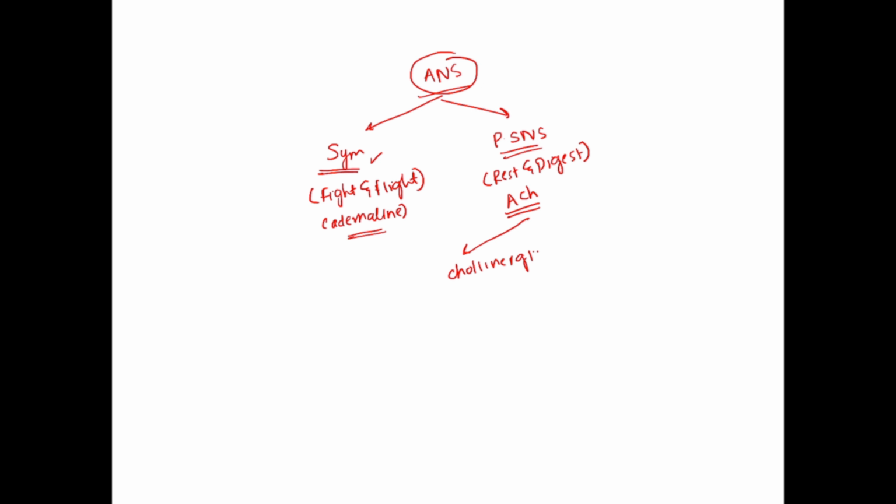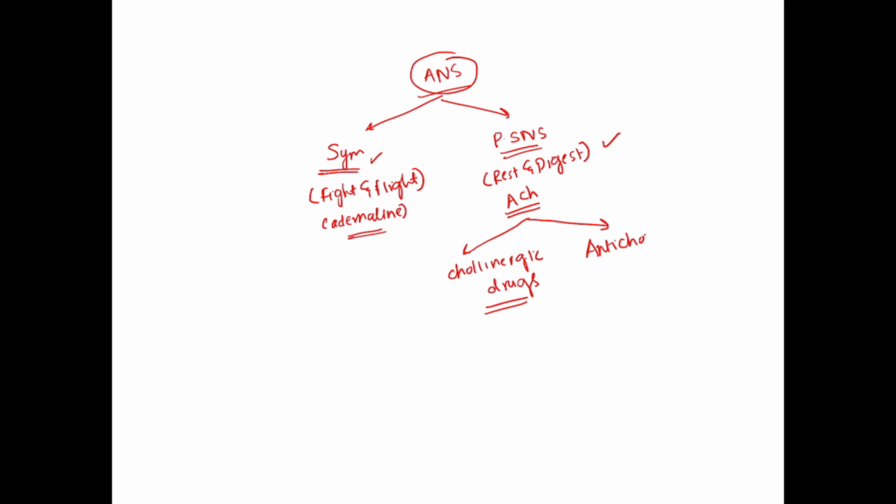That means they mainly help in rest and digest, those changes in the body which help in rest and digest. Those drugs which cause the activation of the parasympathetic nervous system are called cholinergic drugs. Similarly, exactly the opposite of it is called anticholinergic.